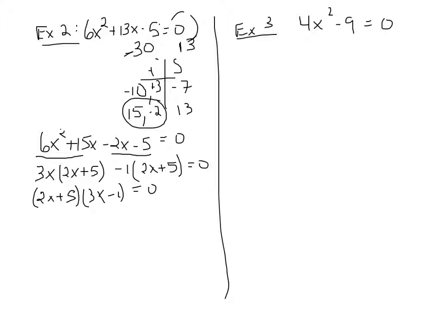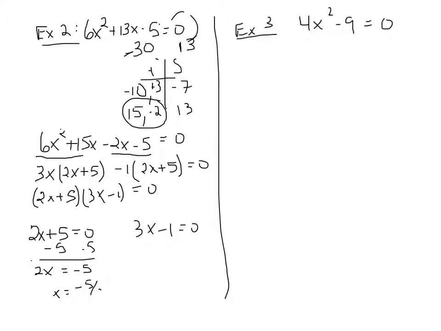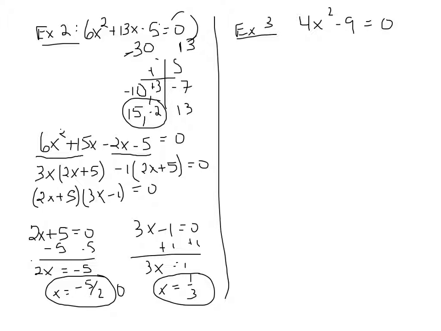That's the factoring, and then the last part of ZPP says set each factor equal to 0 and solve. So we'll subtract 5. 2x equals negative 5, and x equals negative 5 halves. Add 1. 3x equals 1, and we see x equals 1/3. So those are our two answers to that example.